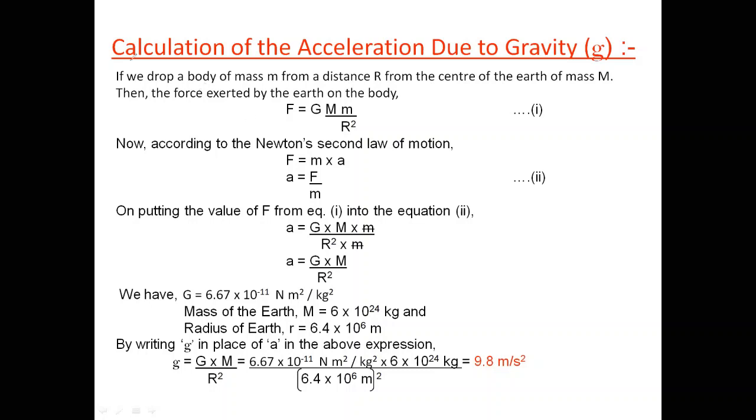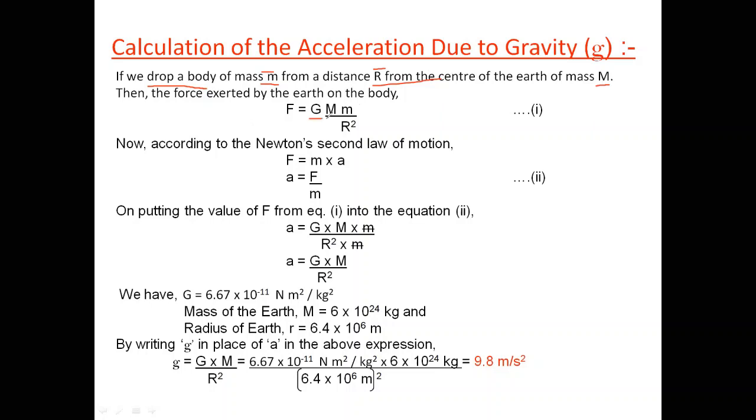Okay, if we drop a body of mass m from distance r from the center of earth of mass M. ठीक है, यहाँ पे एक बॉडी है जिसकी मास small m हम लोगों ने सपोज किया, और अर्थ के सेंटर से उसकी डिस्टेंस जो है वो r डिस्टेंस पे है और मास ऑफ अर्थ इज capital M. So the force exerted by earth on that body, उस बॉडी पे फोर्स कितना एक्सर्ट करेगी अर्थ हमारी?